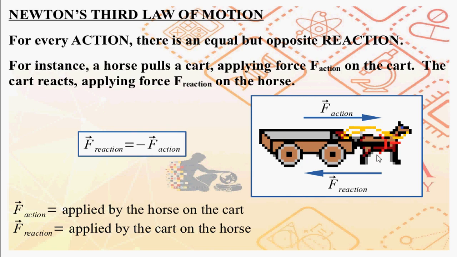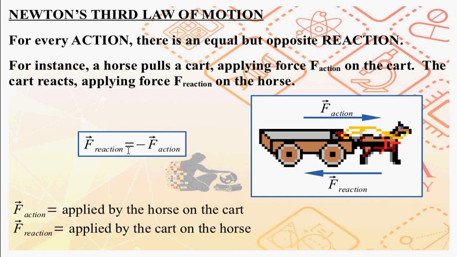So if a horse is tied to a cart, the horse pulls the cart, so F action is applied on the cart. The cart will react by applying force on the horse, F react. If you compare F action and F reaction, they are equal in magnitude but opposite in direction.